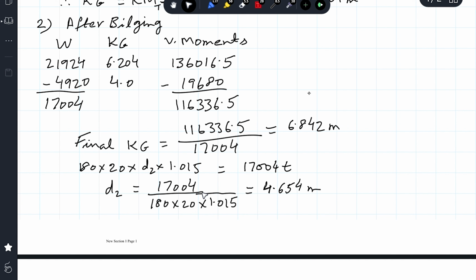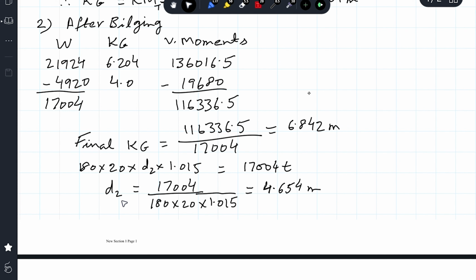Now, we will calculate the effect of bilging using this as initial data. Initial displacement 17004, and initial KG 6.842. So what will be the mean draft after the bilging? Again, length into breadth into new draft into 1.015 will give the displacement 17004.